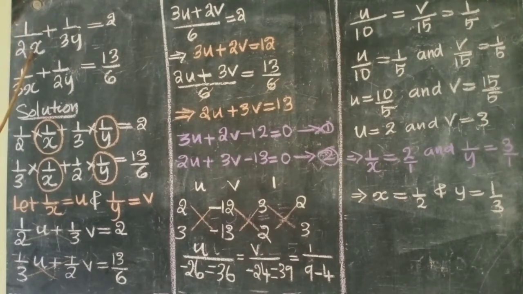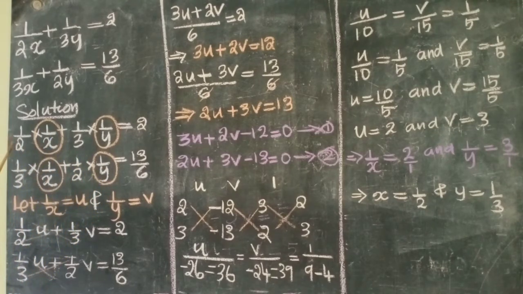1 by 2x we can write as 1 by 2 into 1 by x. 1 by 3y we can write as 1 by 3 into 1 by y. 1 by 3x we can write as 1 by 3 into 1 by x. 1 by 2y we can write as 1 by 2 into 1 by y.